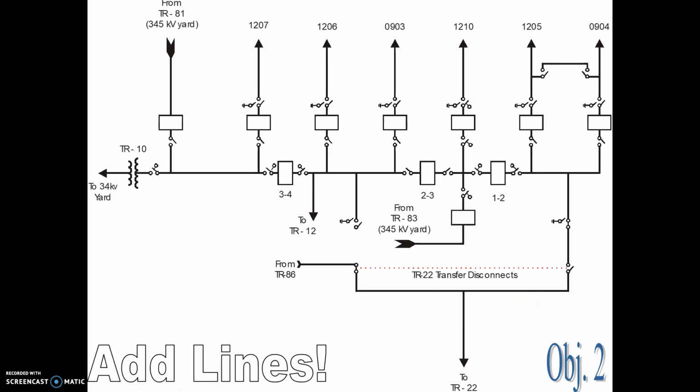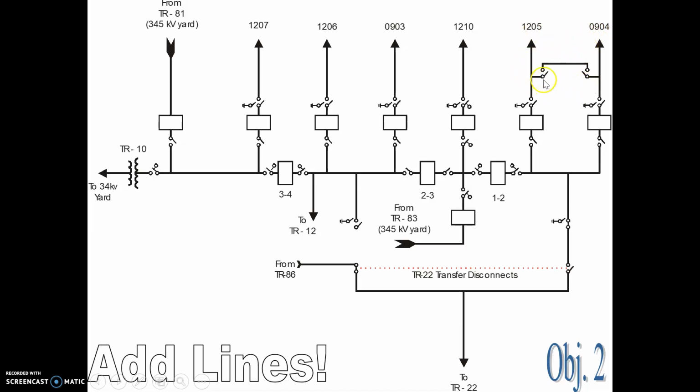After we add all of our breakers and disconnects, we finally put in all of our lines. You'll notice that the 138 kV switchyard has 6 lines that go out to feed various substations. It's important to note that there are these ice melt disconnects between 138 kV line 1205 and 138 kV line 0904.